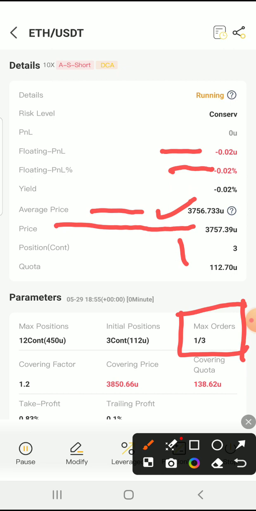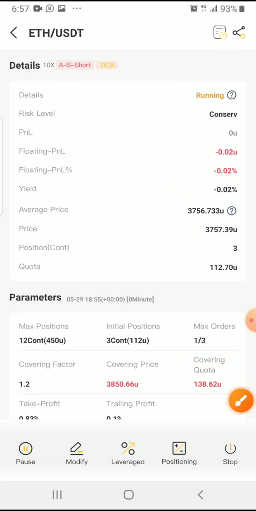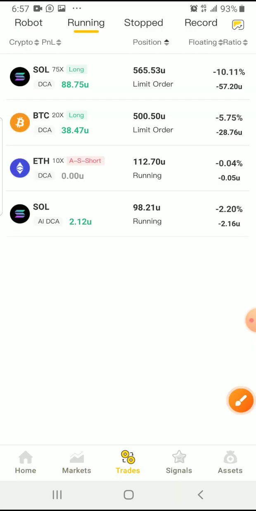So you can always compare how much you bought your coin over here and compare it to the current price that this coin is trading in, for you to understand how the trade is doing. So that is how we set a trade.